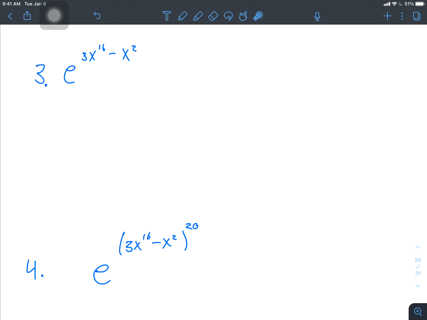Okay, let's do another one. Okay, this one's tricky. I've got e to the (3x to the 16 minus x squared). Do I need to use the chain rule on this problem? Yes. Why do I need to use the chain rule? Yeah, multiple functions. What are the two functions that I've got here?